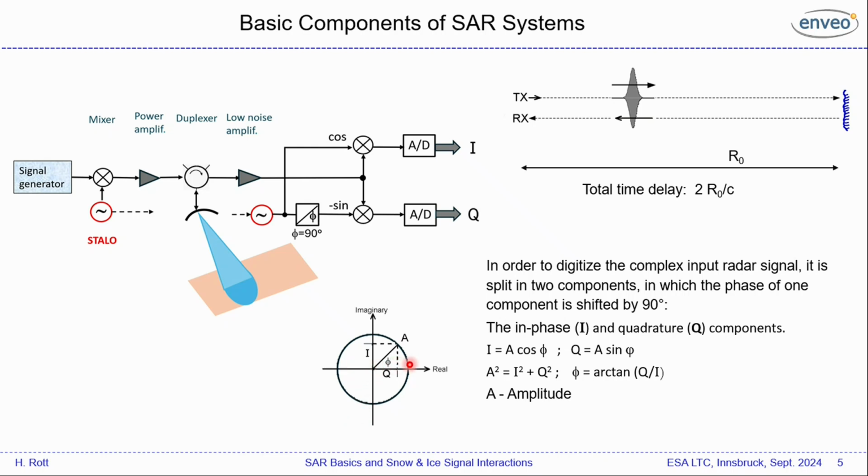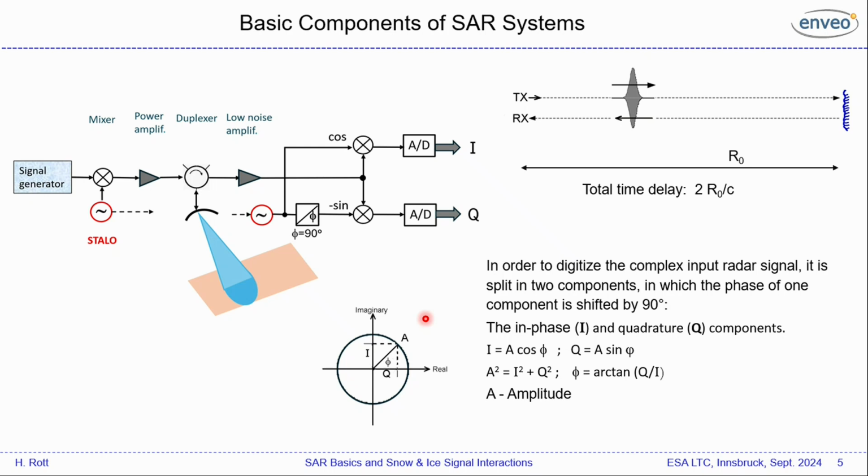It's called the real part and the imaginary part. So which means we have an amplitude, it's a vector, and we have the phase. And in the data we get, we have so-called single-look complex data, which we usually use for computing, for example, interferograms.